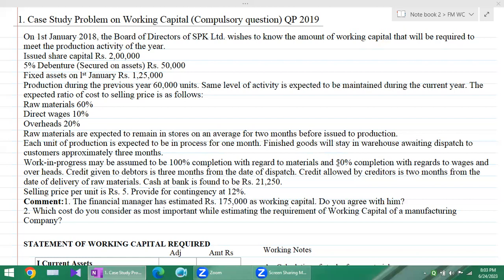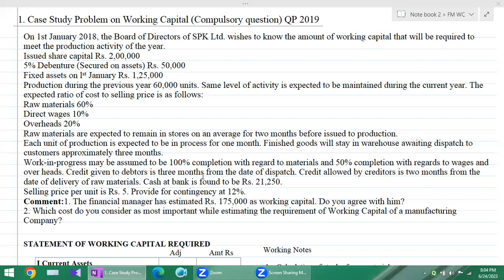While calculating the work in progress, we have to take this into account. Next is 50% overhead.